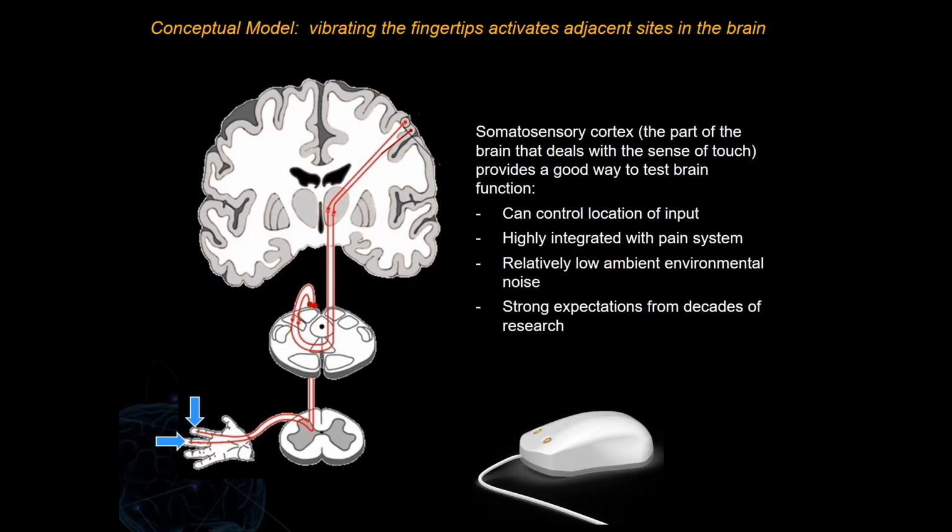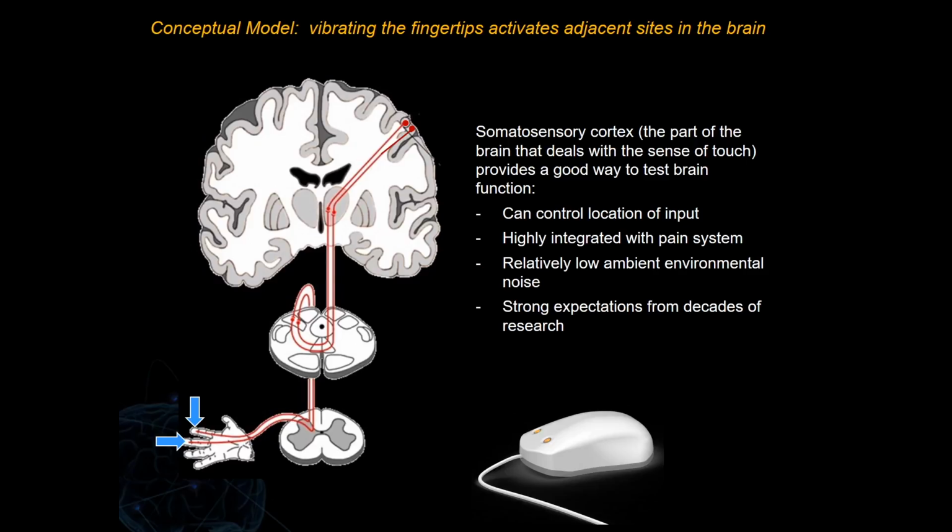When two places on the skin, the two fingertips, are activated by the brain gauge, it activates two places in the brain that are side by side. And what that does is activate two places in the brain that talk to each other.